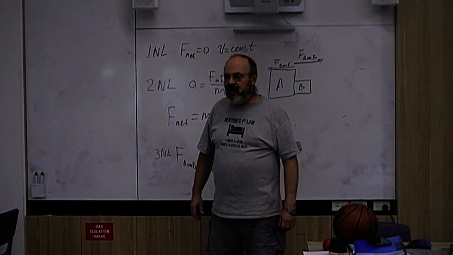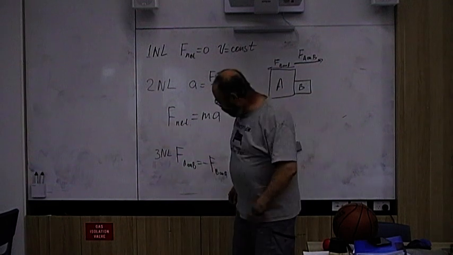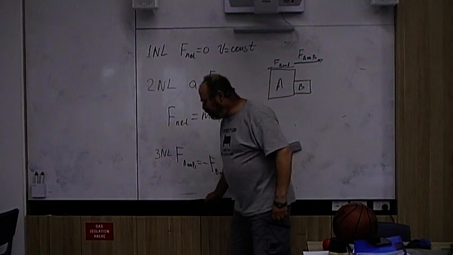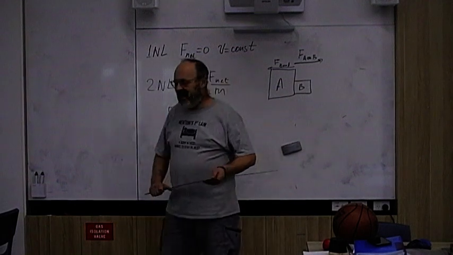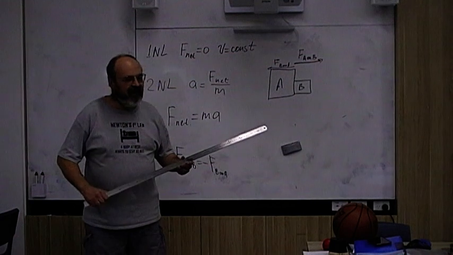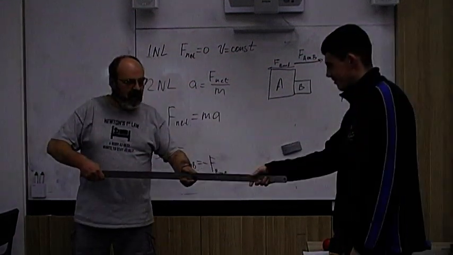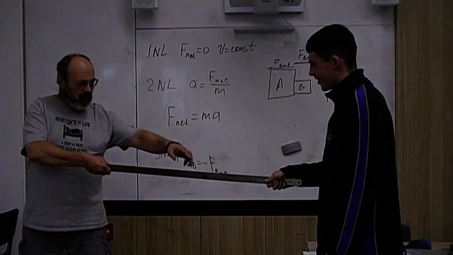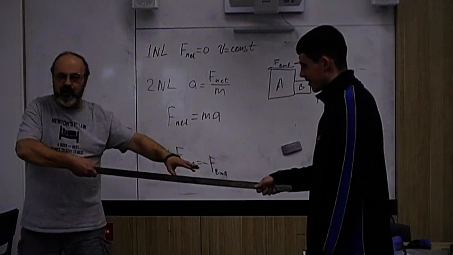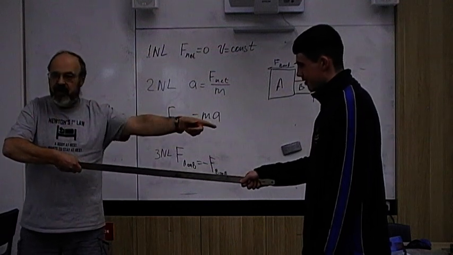Another example of Newton's third law. Zach, you wanted to be in the video? Come here. Think of tug of war, when you pull on things. I will not pull hard. I'm pulling this way, he's pulling that way.